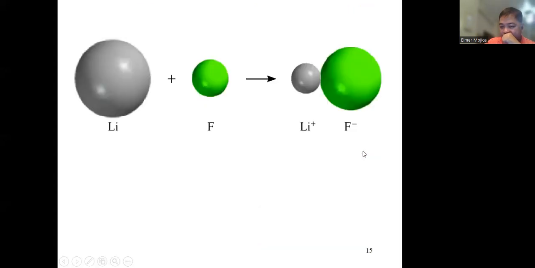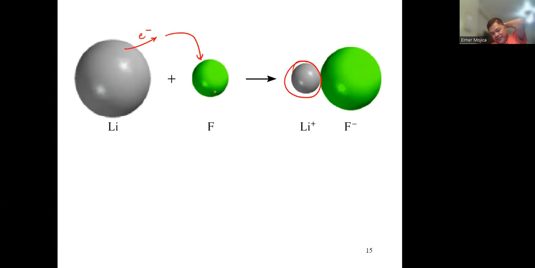Now, when we go to bonding, when an ionic compound is formed, what usually happens to the lithium? It loses an electron. And where does the electron go? It goes to the fluorine. When the lithium loses the electron, this is the size.